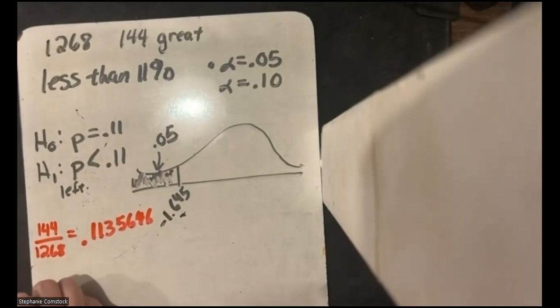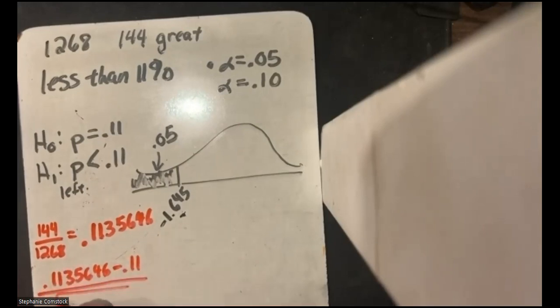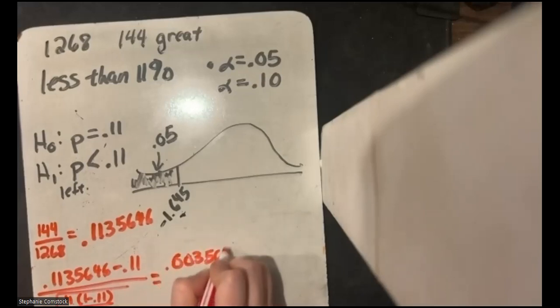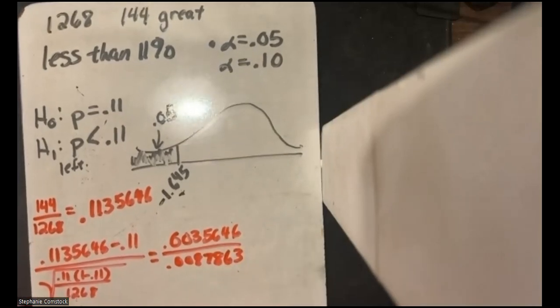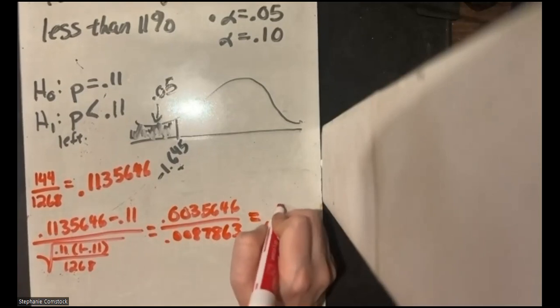So I've got 0.1135646 minus 0.11 over the square root of 0.11 times 1 minus 0.11 over our 1268. And this comes out to be 0.41.